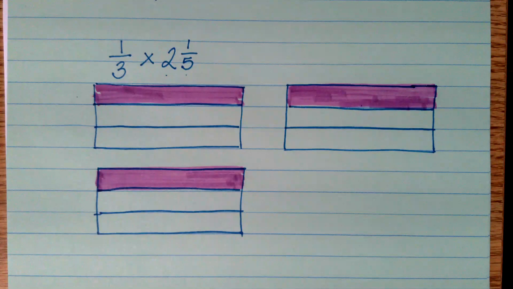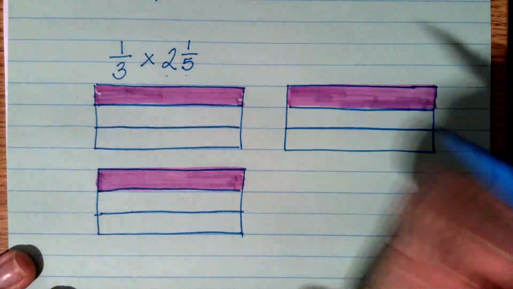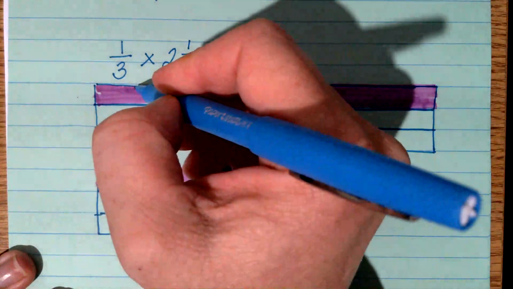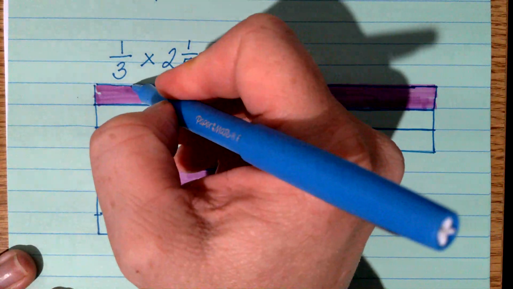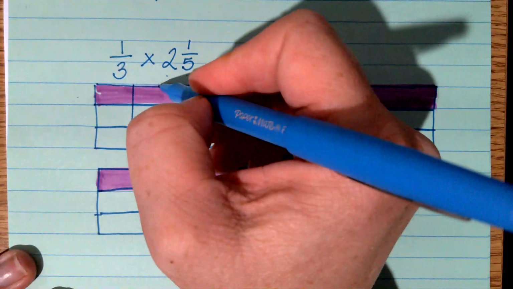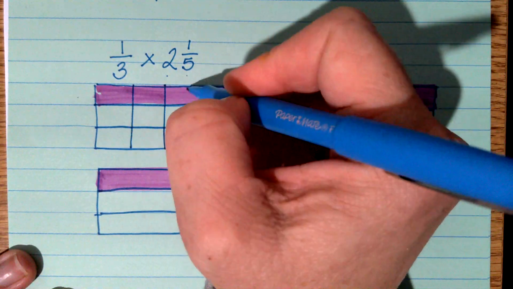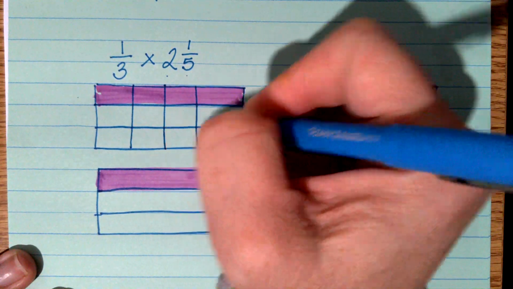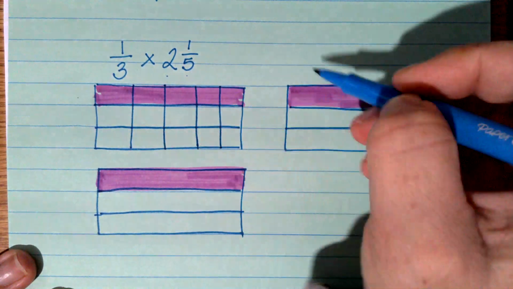Now I'm going to divide my rectangles the other direction, and I'm going to divide it into fifths. Now remember, I'm not perfect, and so you have to pretend like these are all even sizes, even if they're not.